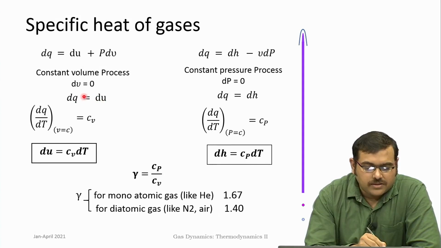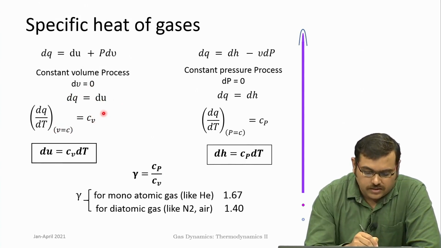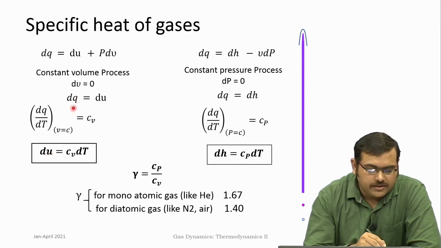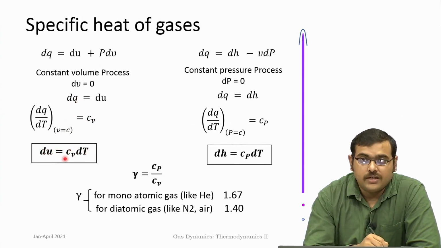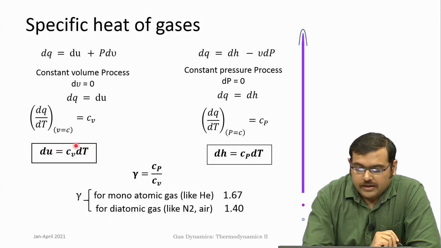Then the specific heat defined under a constant volume process is known as the specific heat at constant volume, Cv. So the internal energy can be written directly as du is equal to Cv dT.